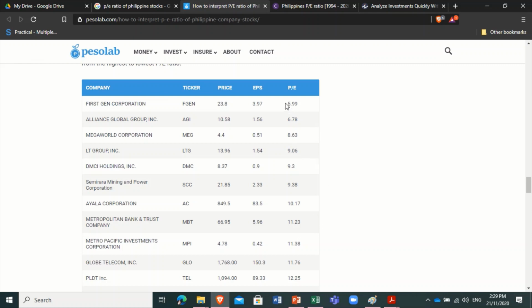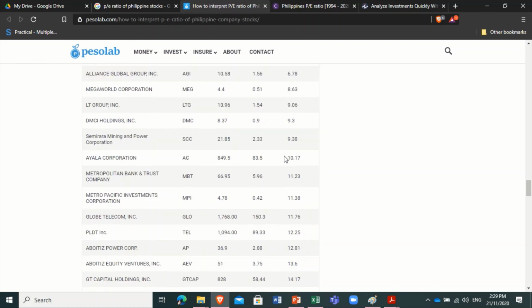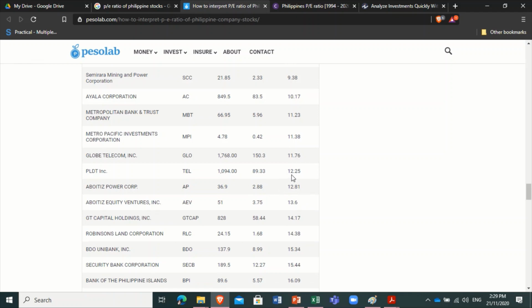So, as you can see here, siguro mamili ako ng, okay, sige, si Aboitiz na lang. Okay? Kung makikita ninyo, ang kanyang earnings per share ay 2.88. So, nakakapag-produce siya ng 2.88 na earnings. And are you willing to shell out 12.81 for a 1 peso of earnings?